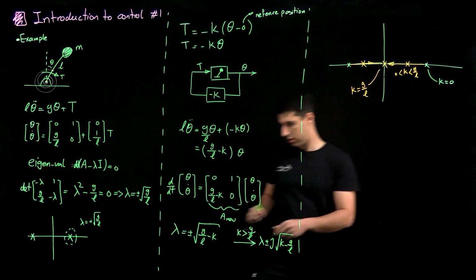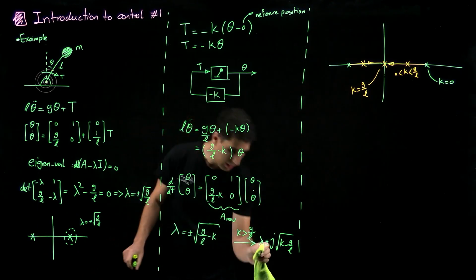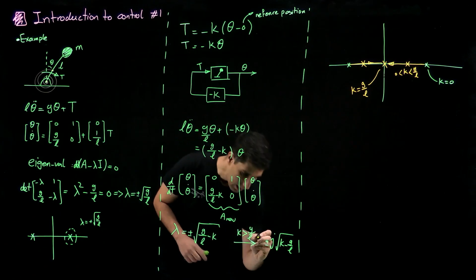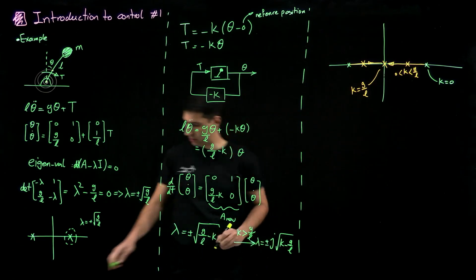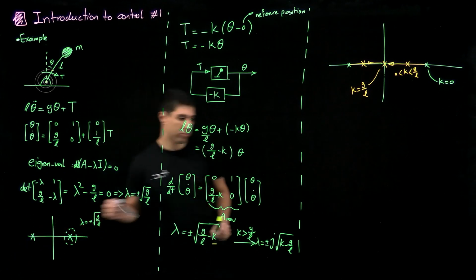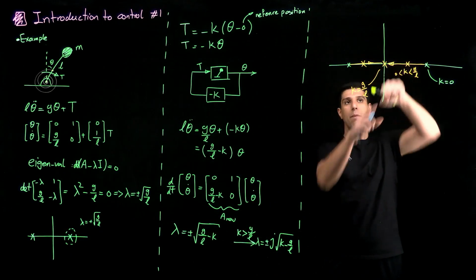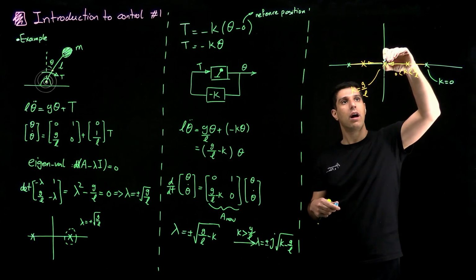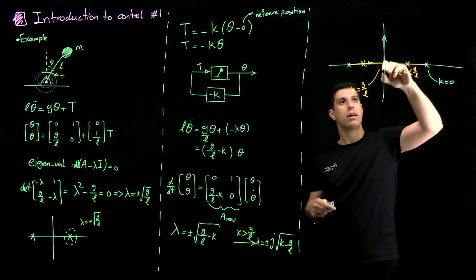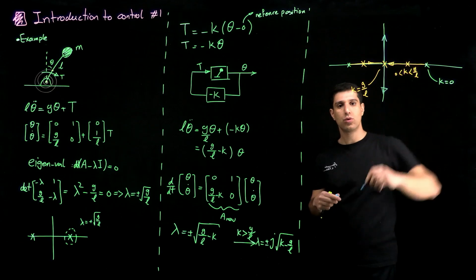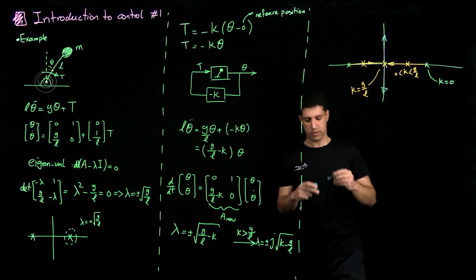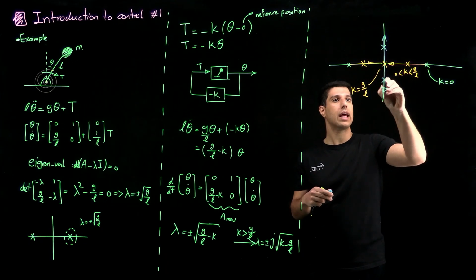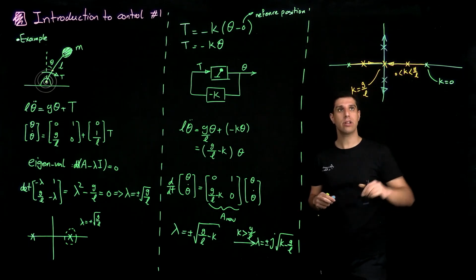Lambda equals plus minus j square root of K minus G over L. And now what happens is as I increase my K, I'll have two poles that are imaginary.